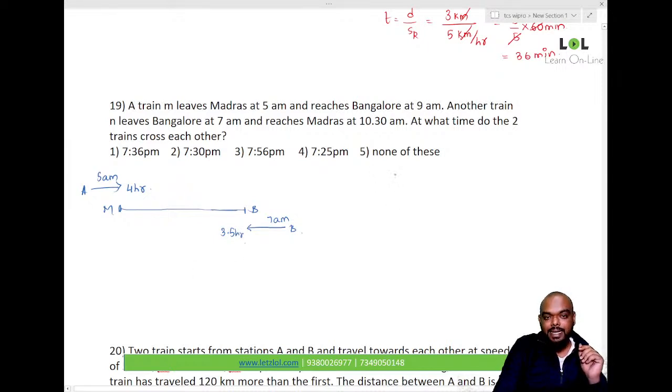Once again, A and B, two trains. We know the time ratio. It takes 4 hours and it takes 3.5 hours. If you want, you can multiply with 2 so that we'll get whole numbers. 8 is to 7.